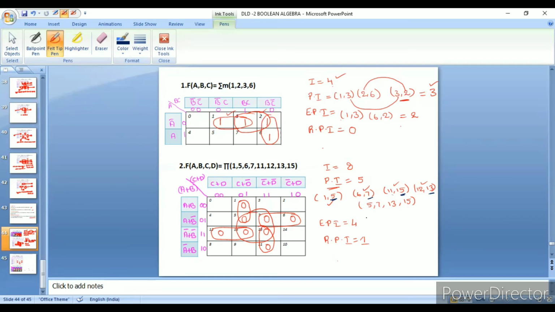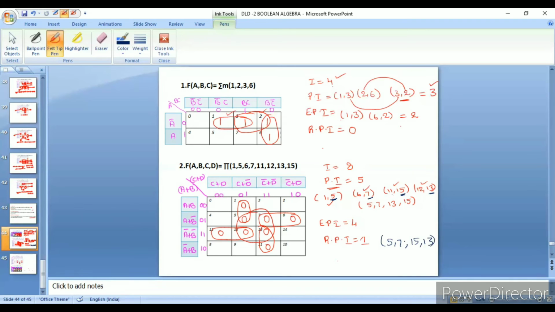With those essential prime implicants, whenever you form a quad, such a pair or quad is called a redundant prime implicant. So the redundant prime implicant is nothing but 5, 7, 15 and 13.